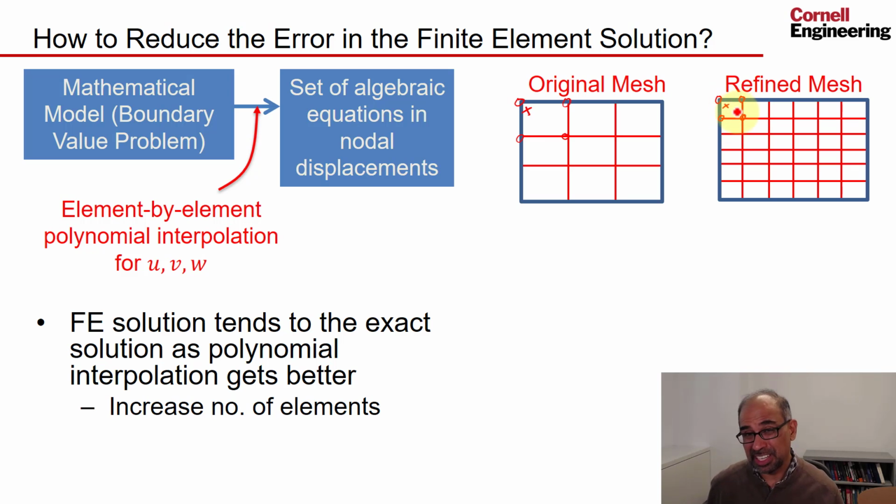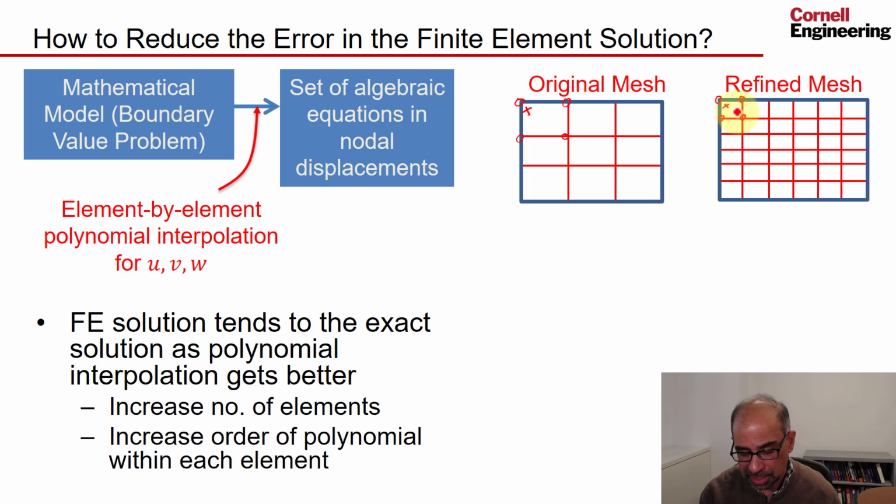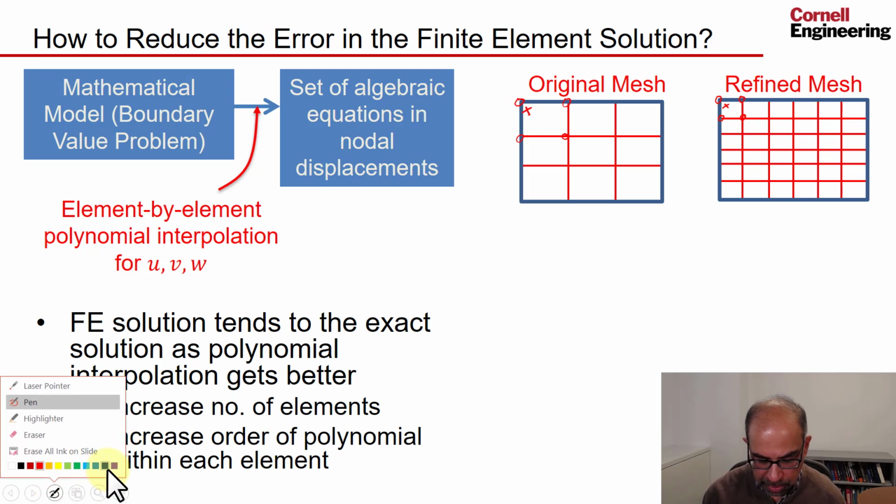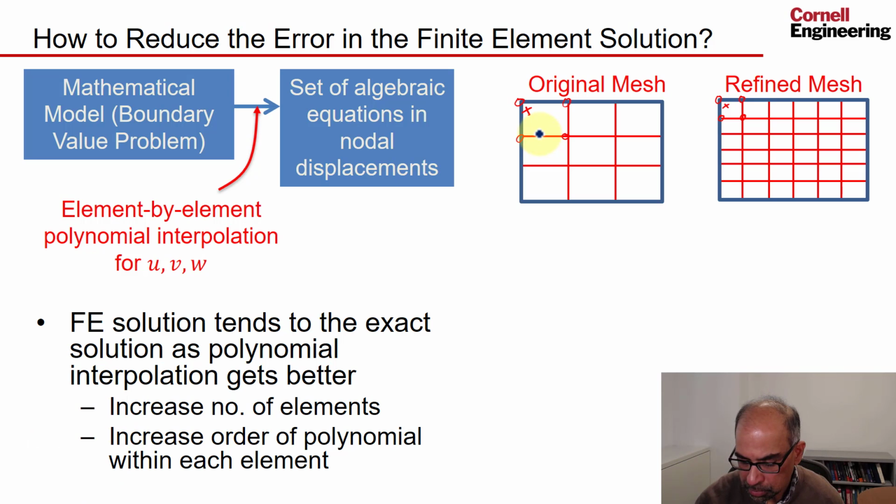But there's another way that's less intuitive to get the interpolation to be better, which is to increase the order of the polynomial. For instance, if we now use that as a node, so we determine displacements not only over here, but also in the middle, which in my drawing doesn't look like the middle, but typically it's in the middle.